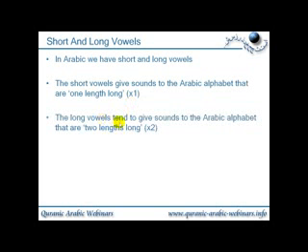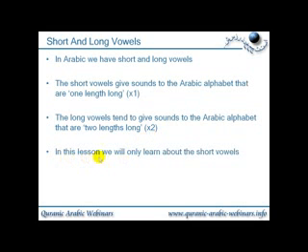The long vowels tend to give sounds to the Arabic alphabet that are 2 lengths long. In that case we'll show times 2. In this lesson we will only learn about the short vowels, so we're going to cover the vowel sounds that give times 1 length long.